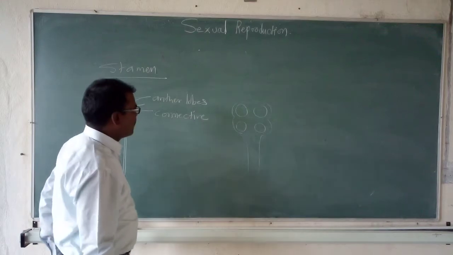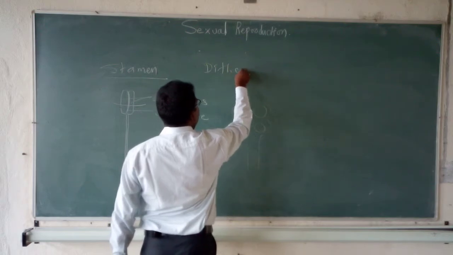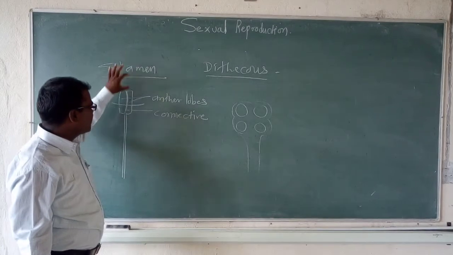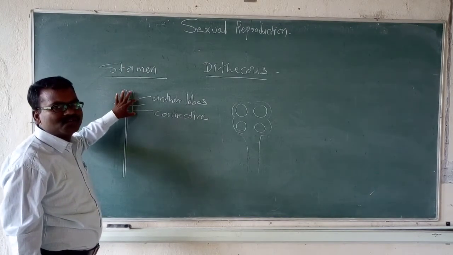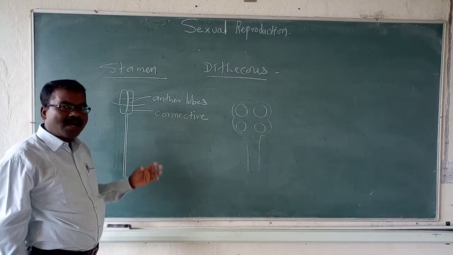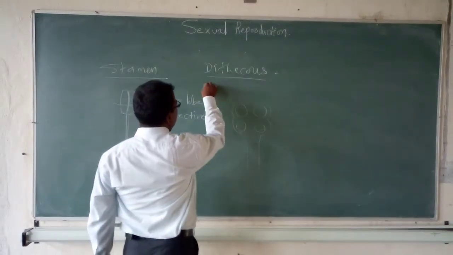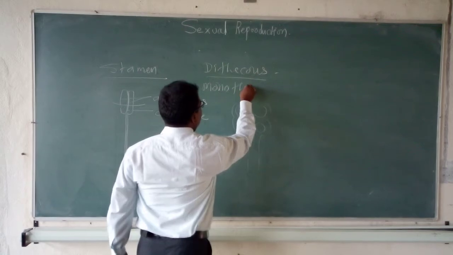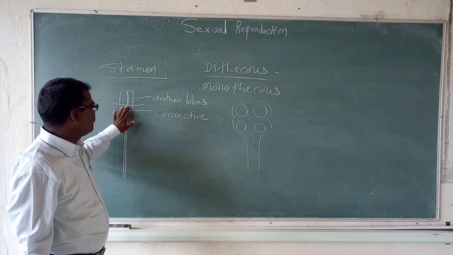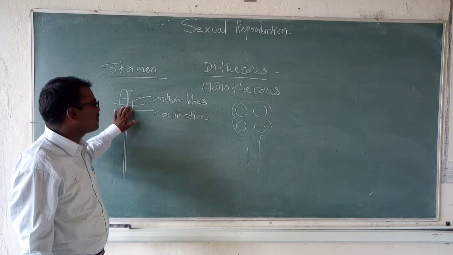Hence the anther is dithecous. What is the meaning of dithecous? An anther having two lobes is called dithecous. Dithecous anthers are generally found in plants. Sometimes in some plants the anther is monothecous, that means a single anther lobe is present.